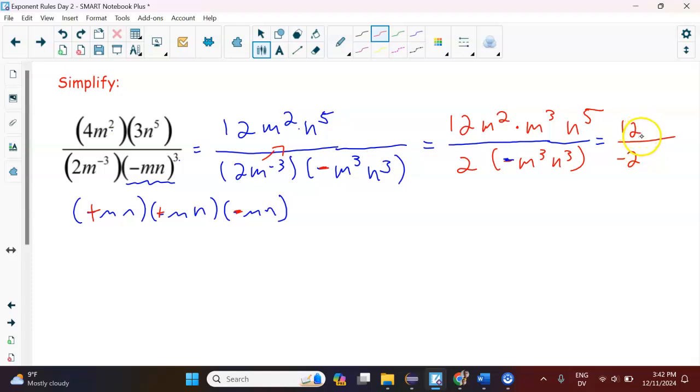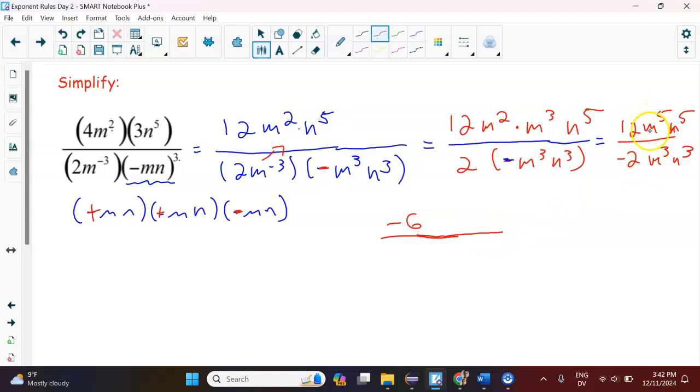So let's see. Okay, so make that negative 2, and then m squared m cubed is m to the 5th. n to the 5th. And then we still have the m cubed n cubed here. Okay, now it's finally coming together. From here, now divide 12 and negative 2, so that gives us negative 6.